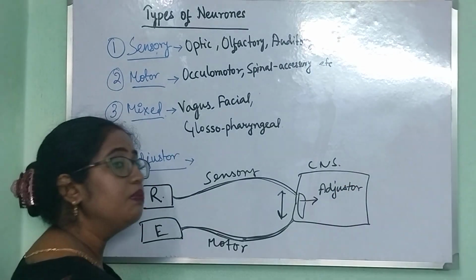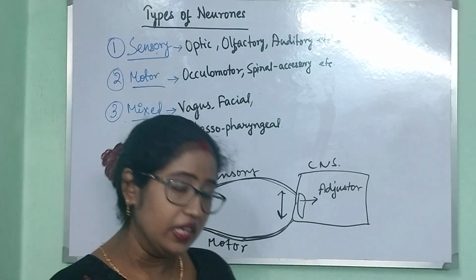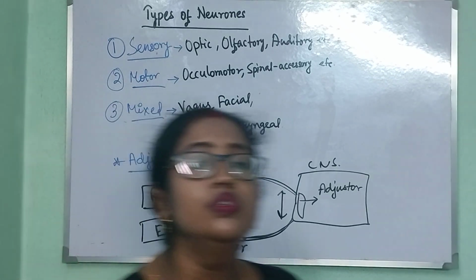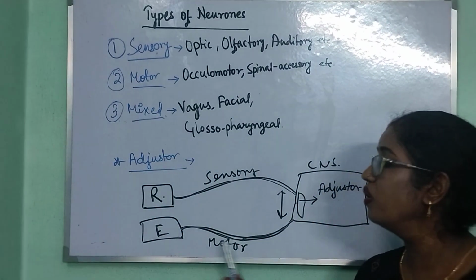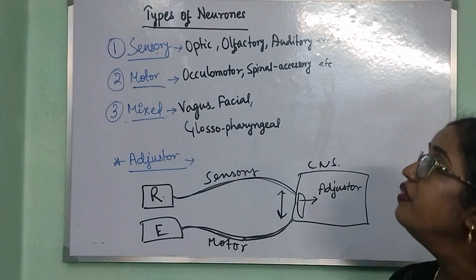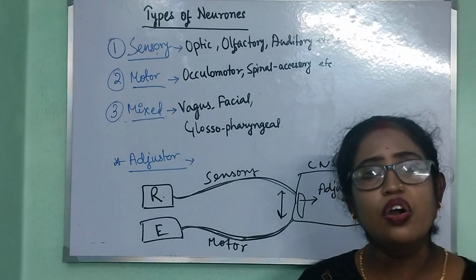Basically, the adjuster neuron processes that information and gives the command to the motor neuron to transmit the order to the effector organ. So these are the different kinds of neurons that we have in animals or in our body.